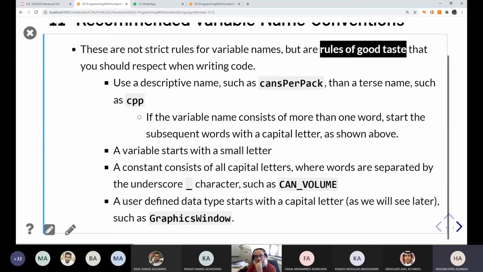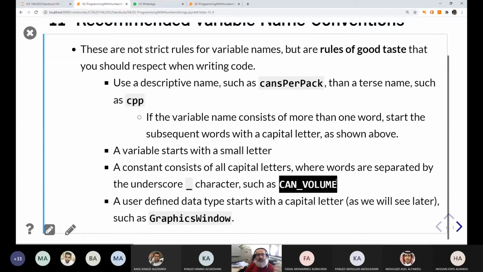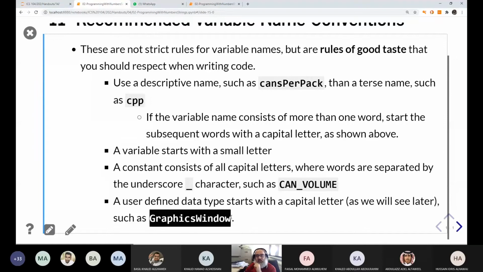Exactly. Both of your answers hint toward a very important concept, which is readability of the program. When I read Python code and I see something written all capitalized with underscores between words, the first thing that comes to my mind is that this is a constant. I recognize that this is a user-defined data type, that this cannot be a variable, and that this is a variable.